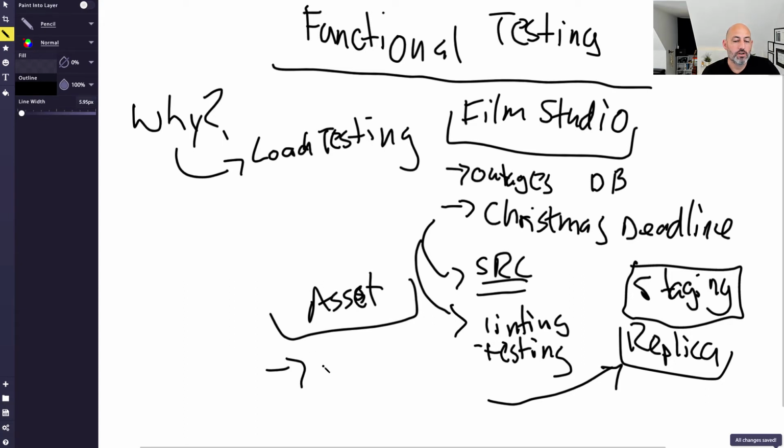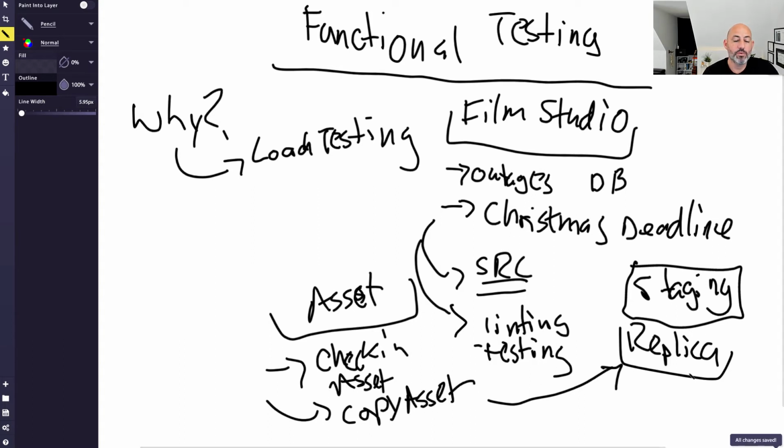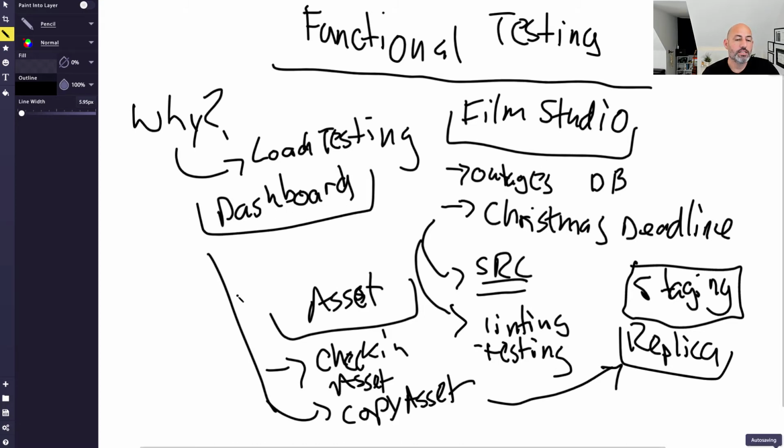Can I check in an asset, right? That was one. Another one was, can I copy an asset? Basically, these are business operations. And then at the very end of this load test, we would put it onto a dashboard. And this dashboard would essentially tell us what the capability of the system was. It's essentially a scoreboard.